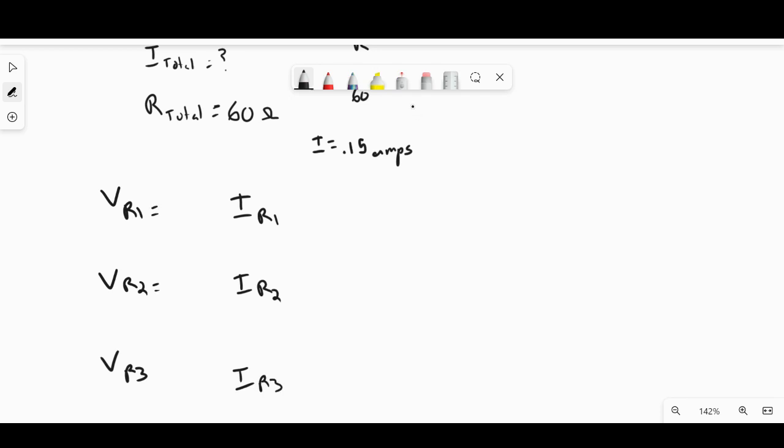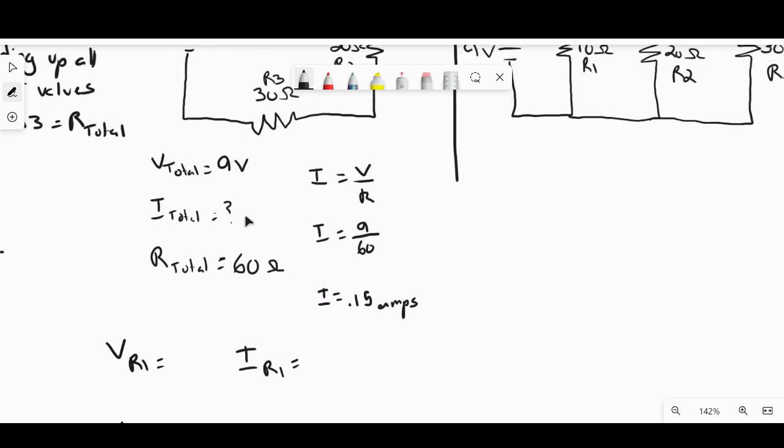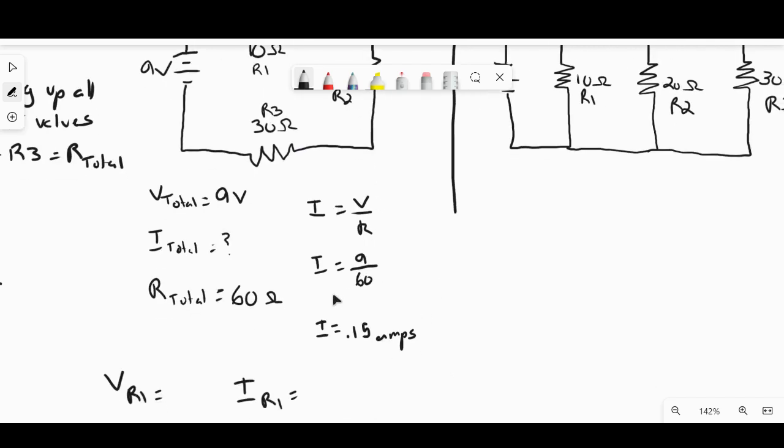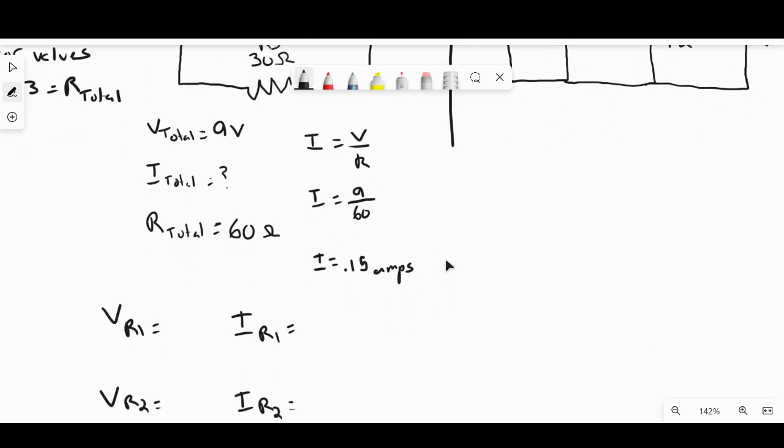We know based on our rules from before that current is constant in a series circuit. So if I know that my total current is 0.15 amps, I know that across resistor 1, resistor 2, and resistor 3, my current is going to be 0.15 amps.